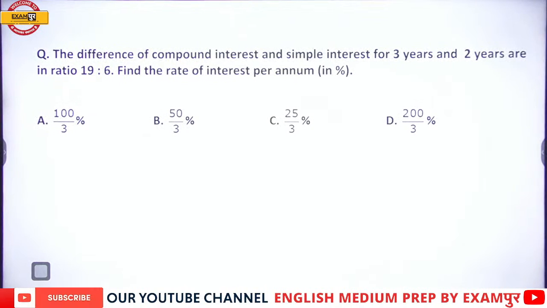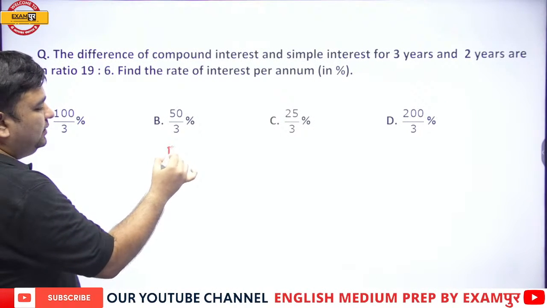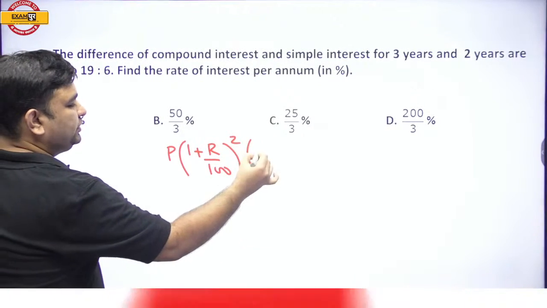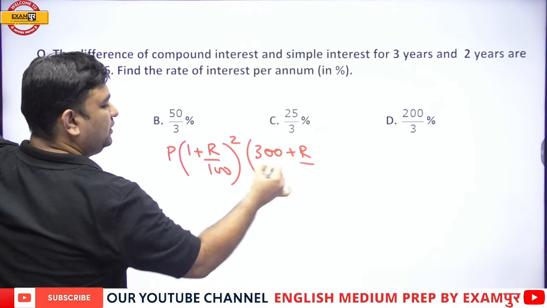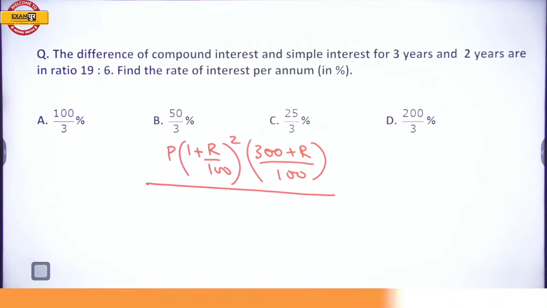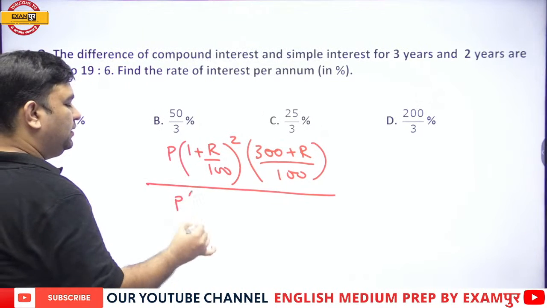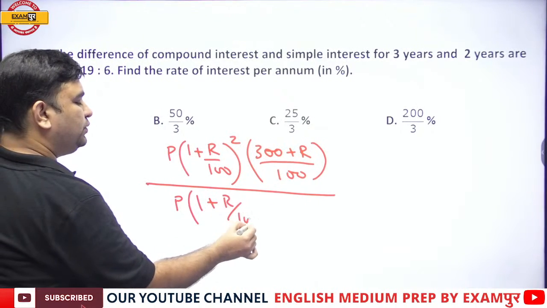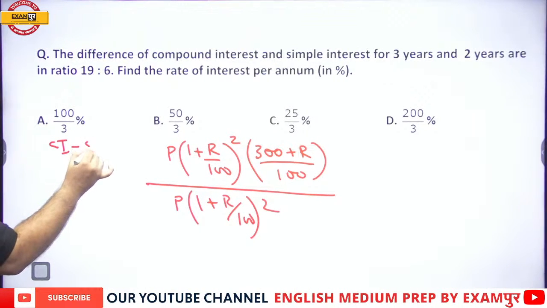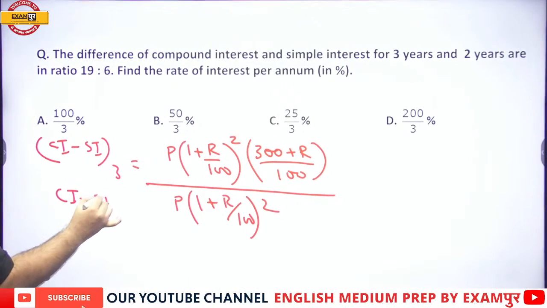Difference between CI and SI for 3 years. For 3 years the formula is D upon P equals (R upon 100) whole squared into (300 plus R) over 100. And the difference formula for 2 years is P equals (R upon 100) whole squared. This is CI minus SI for 3 years, and this is CI minus SI for 2 years.